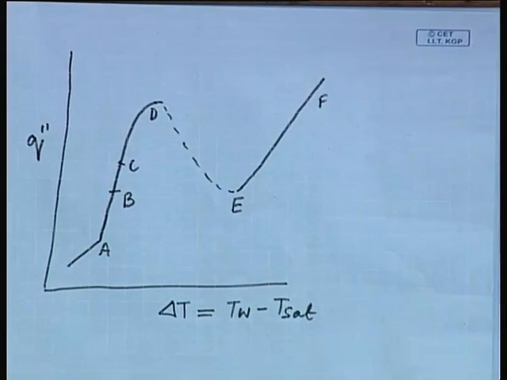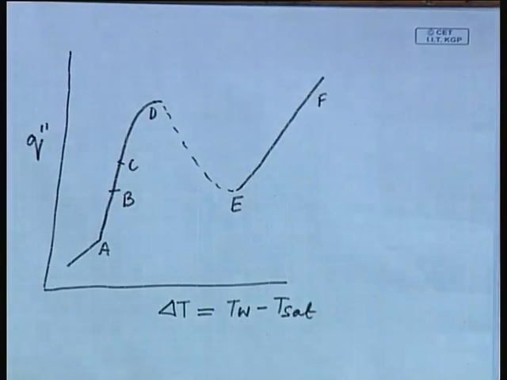So, obviously, people have given more emphasis to nucleate boiling. Transition boiling is a very deceptive area, people want to avoid it, so we will also not do much discussion on this. Point D is very important because it indicates the termination of nucleate boiling.